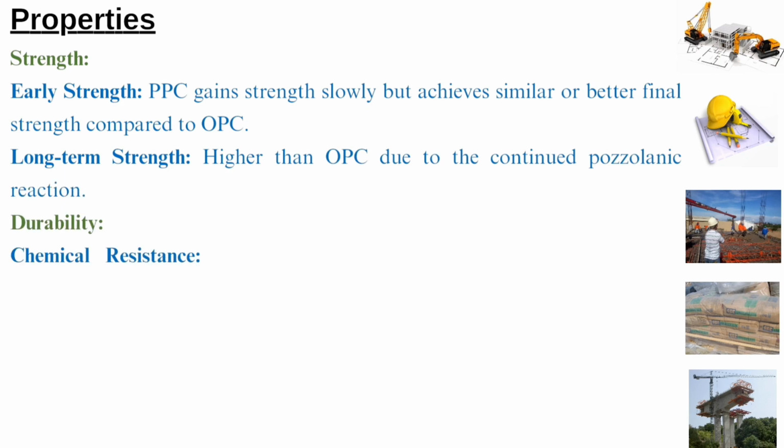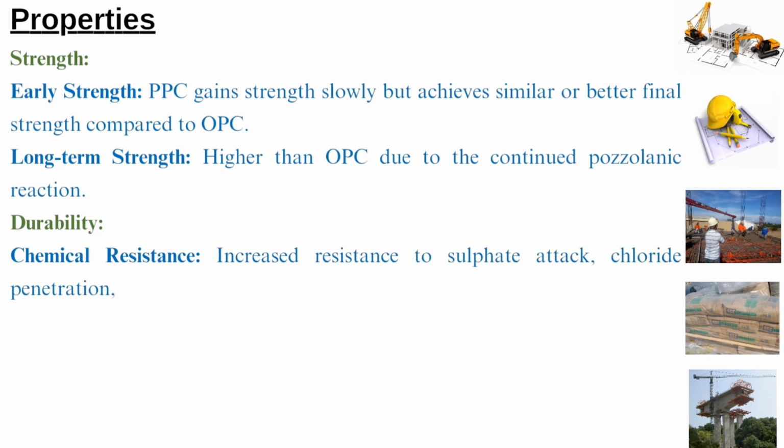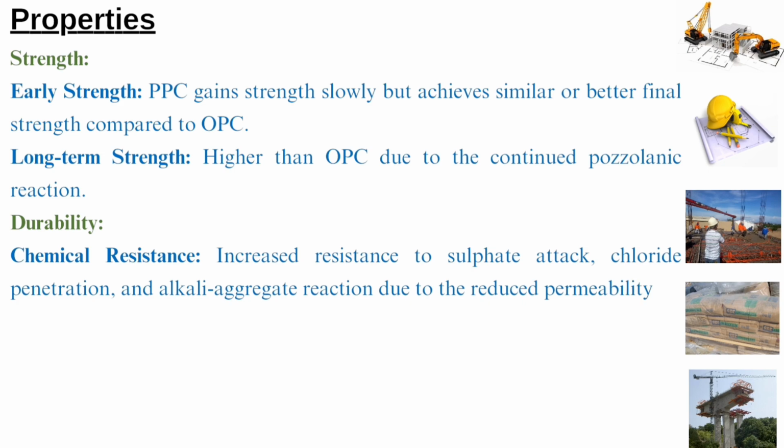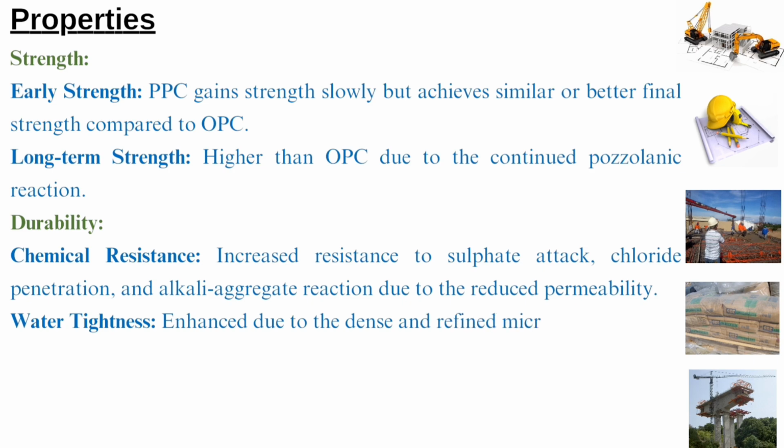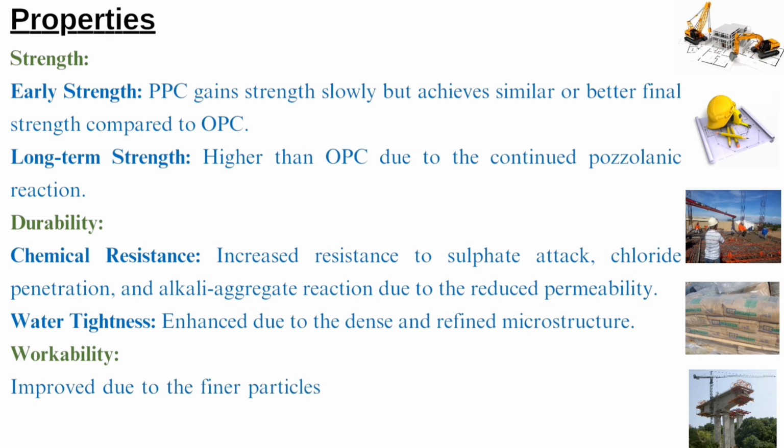Under durability we have chemical resistance, increased resistance to sulfate attack, chloride penetration and alkali aggregate reaction due to reduced permeability. So PPC has very low permeability, so it has good resistance towards sulfate, chloride and alkali. Then water tightness. PPC is enhanced due to the dense and refined microstructure, so it is water tight.